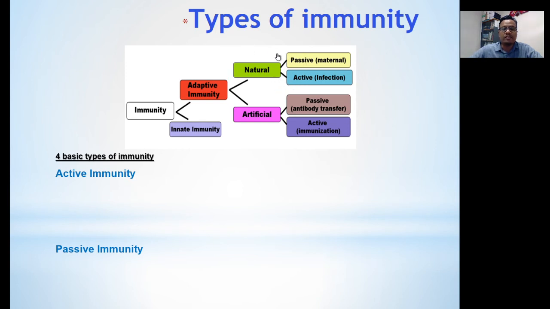They happen naturally, and we have passive. Passive, we can observe between a pregnant mother and her child, so maternal, while the baby is inside the womb, or a lactating baby, I mean breastfeeding.